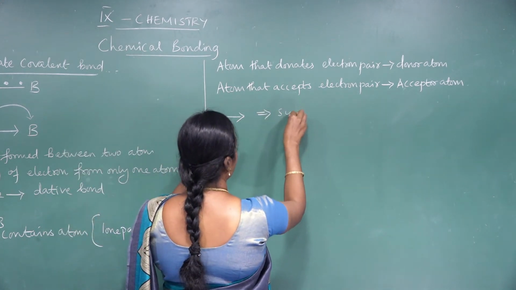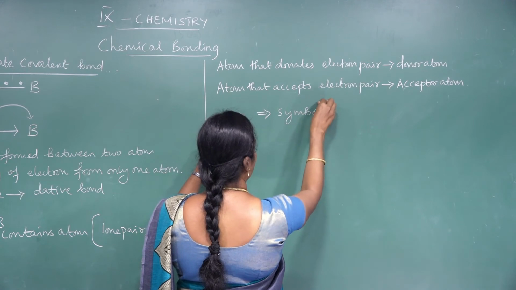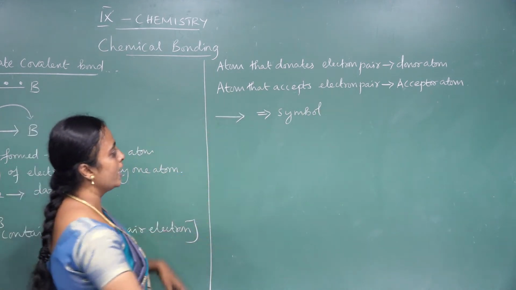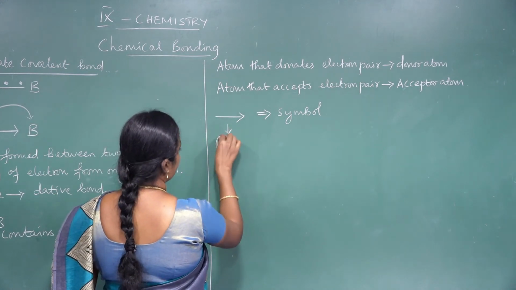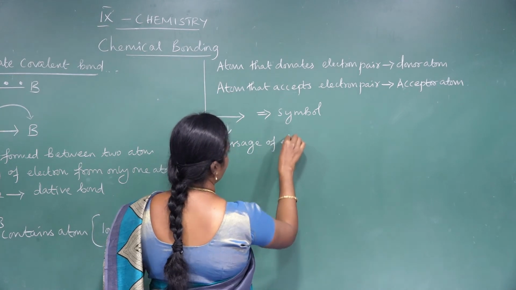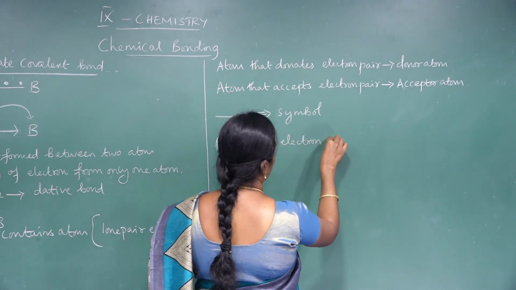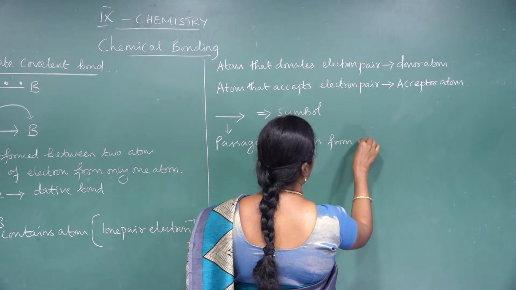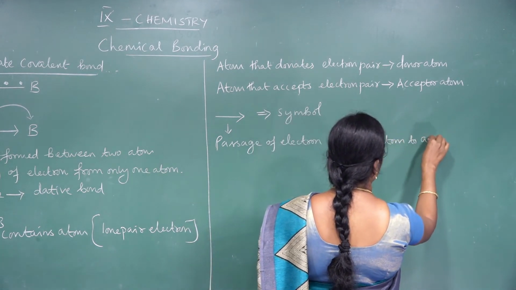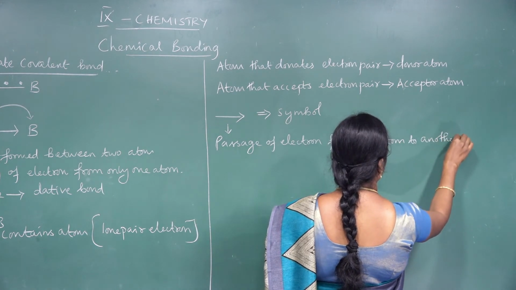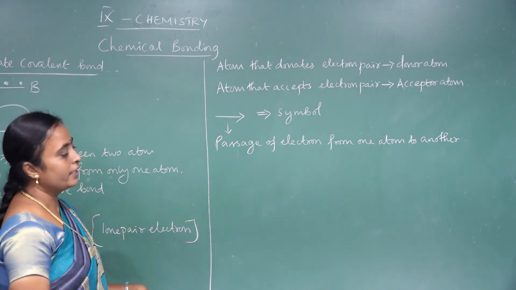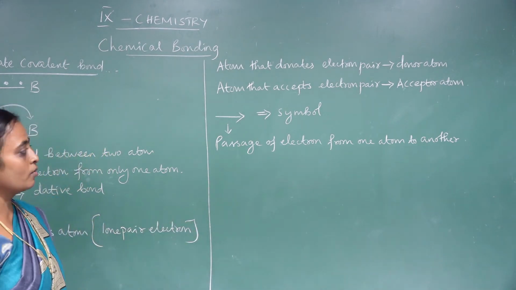So this symbol indicates that there is a passage of electrons from one atom to another. Okay. So this is how we can explain the formation of a coordinate covalent bond.